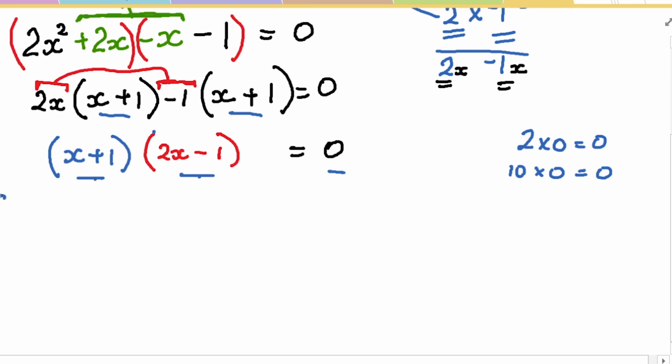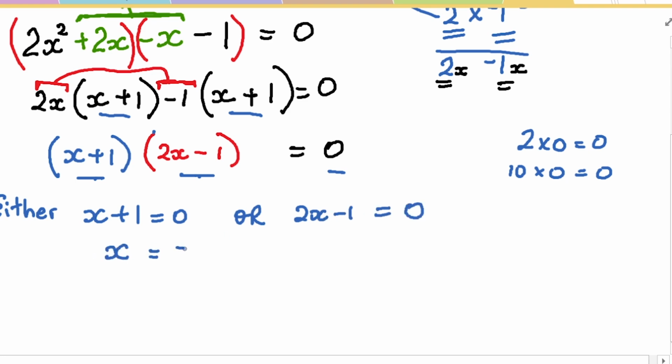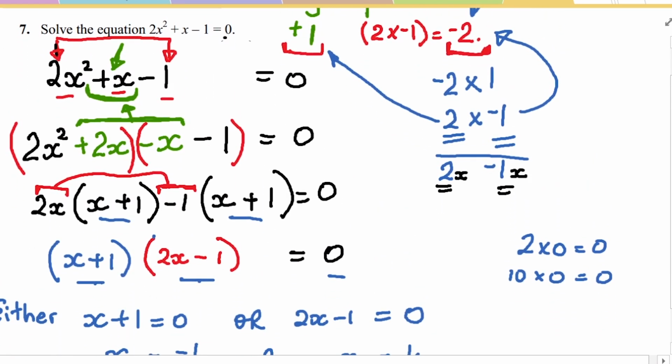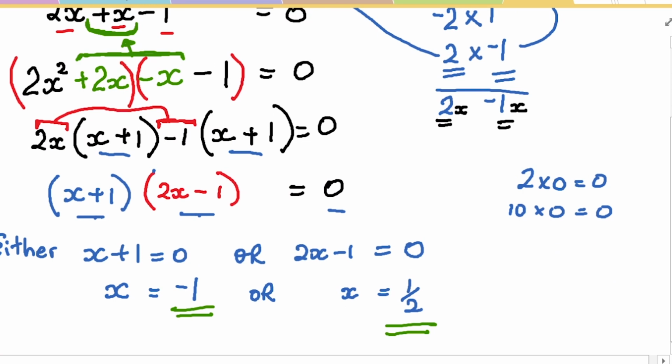So we say either x plus 1 is equal to 0 or 2x minus 1 is equal to 0. Therefore, x is equal to negative 1, or x is equal to 1 over 2. That is just by making x the subject of the formula, and those are the two values of x. By so doing, we have solved this quadratic equation.